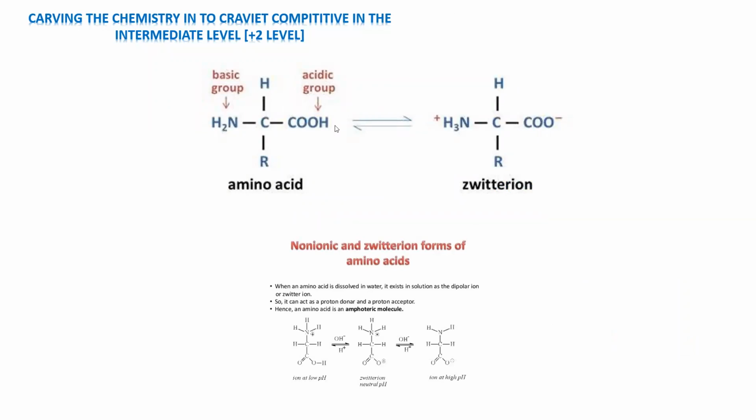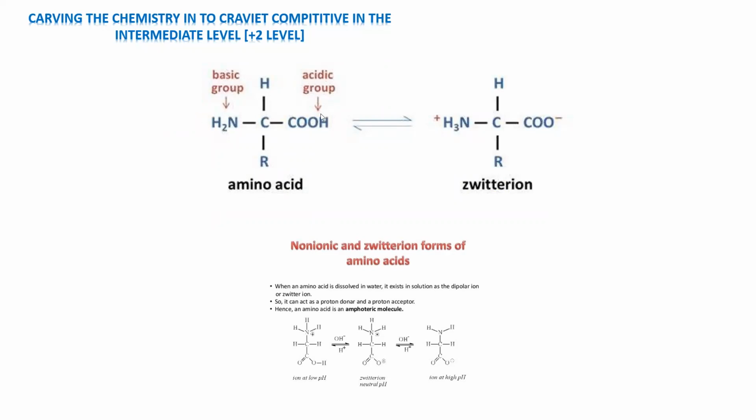An amino acid is a compound having both amino and acid groups in a single molecule. It is the starting material for protein synthesis. All the proteins we have are synthesized from the starting material called amino acid.